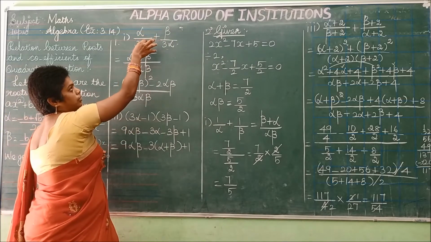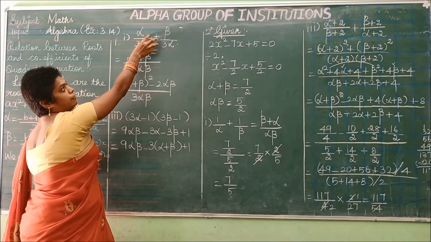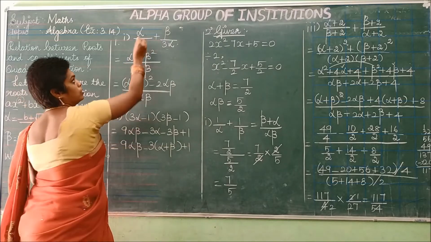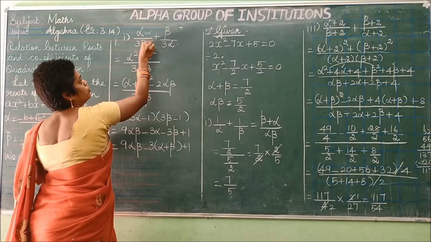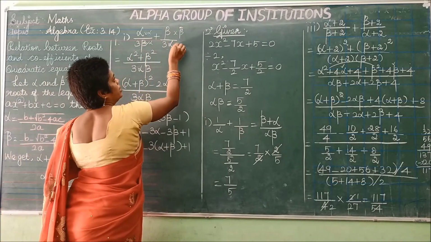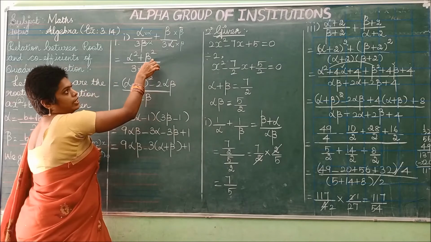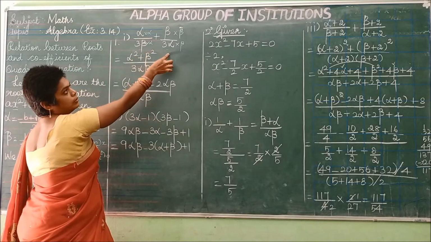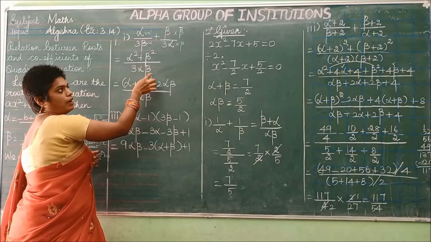So alpha into alpha is alpha squared, and beta into beta is beta squared, divided by 3 alpha beta, as both terms contain 3 alpha beta.